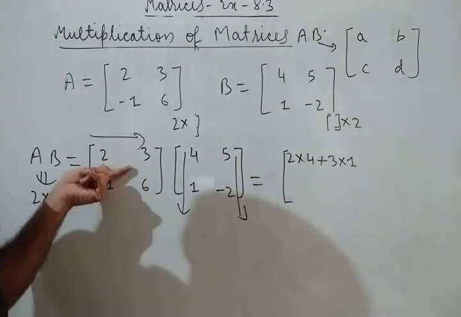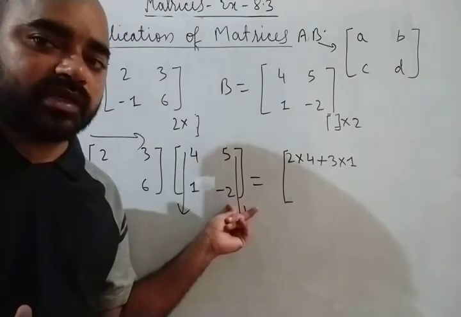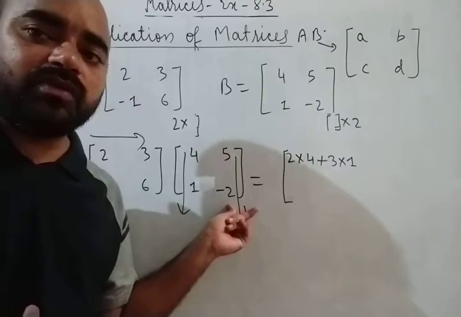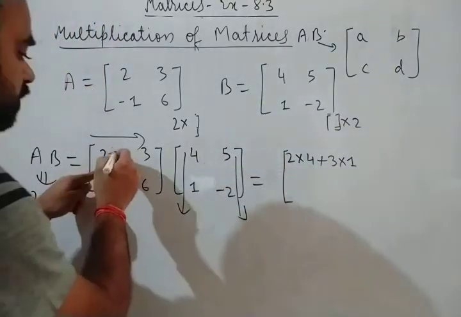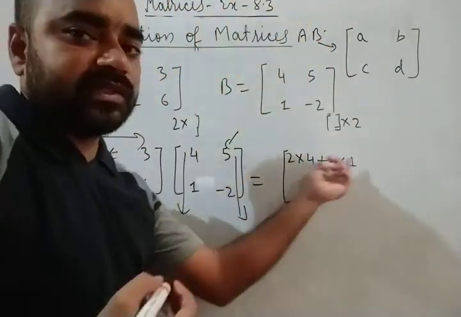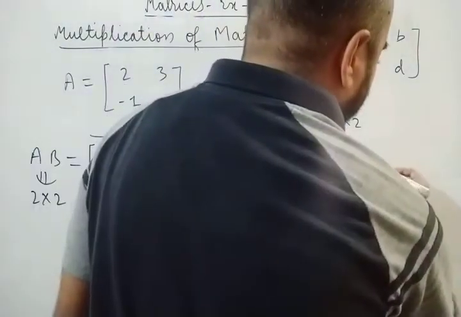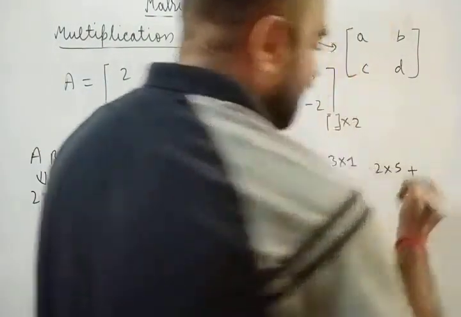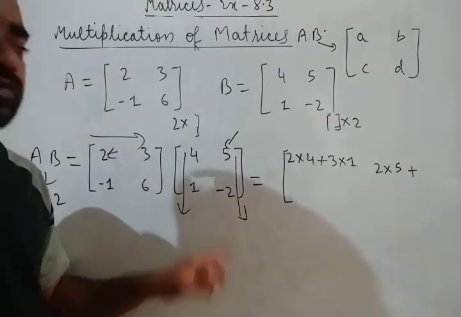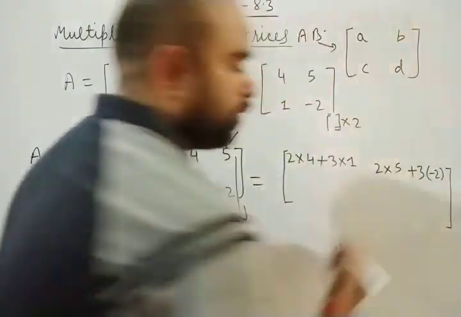First row elements will be multiplied with second column elements, corresponding elements: first with first, second with second. Here first is 2 and here first is 5, so this will give 2 into 5, and then we add. Second element is 3 and here second element is minus 2, so 3 into minus 2.